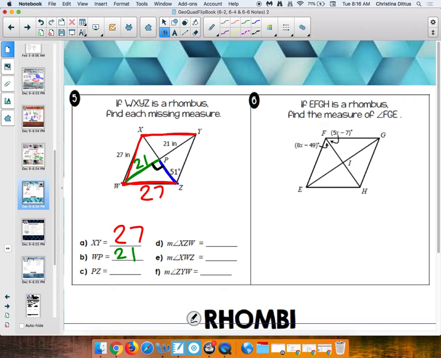How do I find sides of a right triangle? A squared plus b squared equals c squared. What's my hypotenuse? 27. So set up your little equation: 27 squared equals 21 squared plus x squared. Take in your calculators 27 squared minus 21 squared.